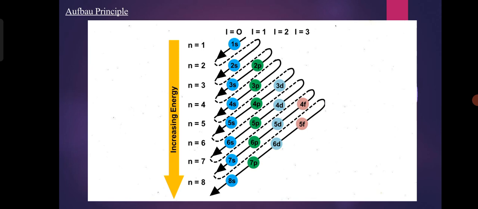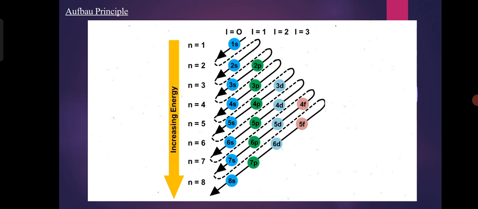So here is the Aufbau principle diagram, and in this diagram a diagonal rule is used while filling up electrons. In this figure, orbitals are shown and the n values are shown from 1 to 8.